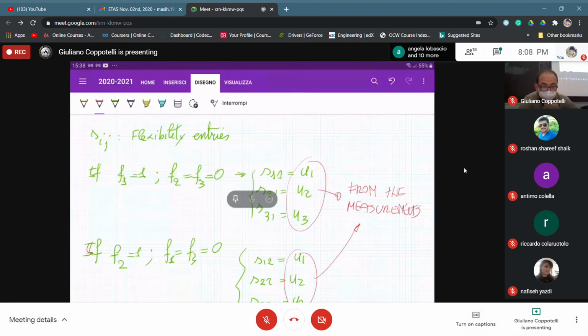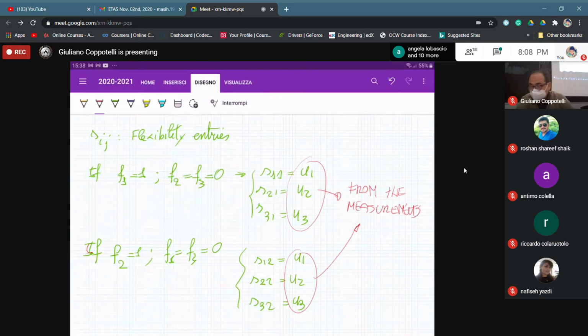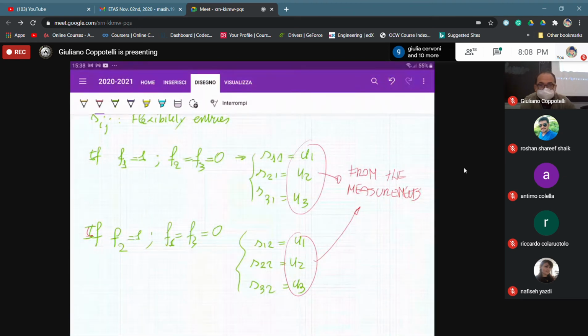Now, as a last part, maybe we can end this tomorrow. Let me show you how we can estimate the elastic properties of a specific structure. This specific structure is a slender beam structure. This method has been developed specifically for helicopter blades, for the identification of the properties of a helicopter blade.